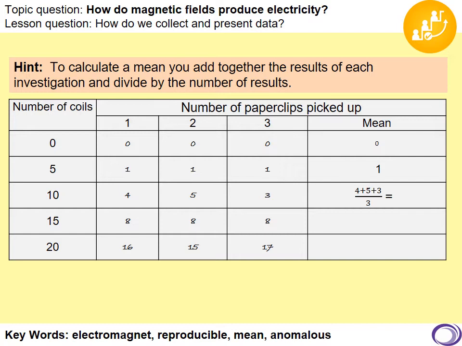The way that we do that is we add up the 3 values and then divide by the number of values. So that's 3. So it's 4 plus 5 plus 3 divided by 3, and that would give us an answer of 4.